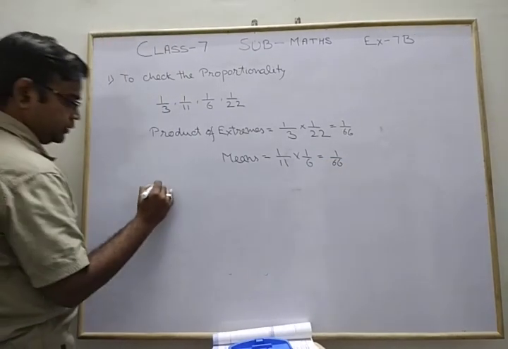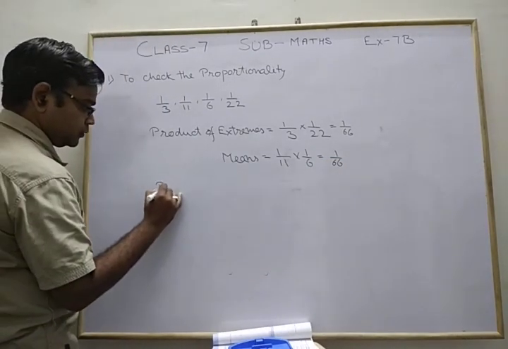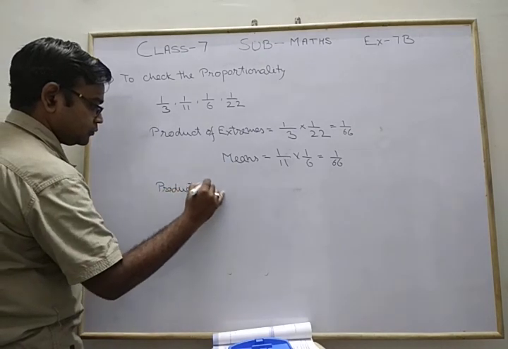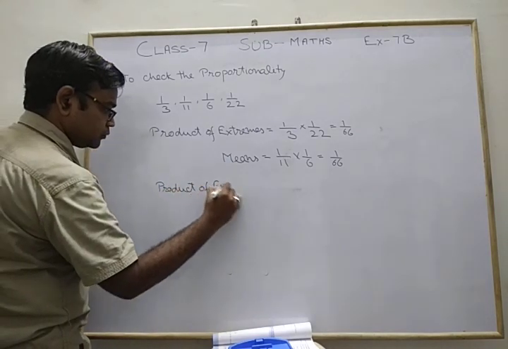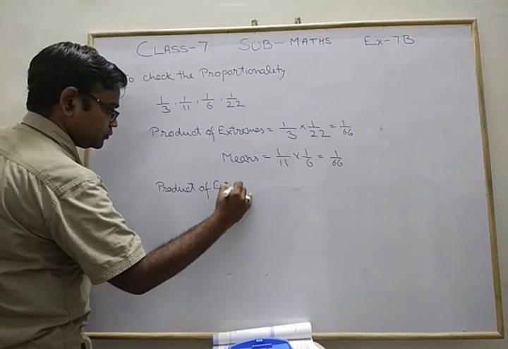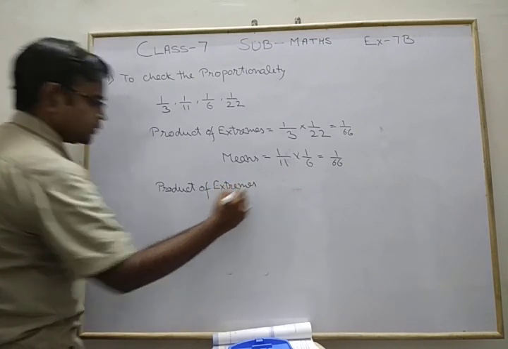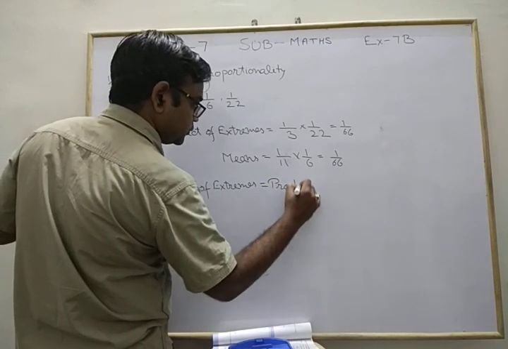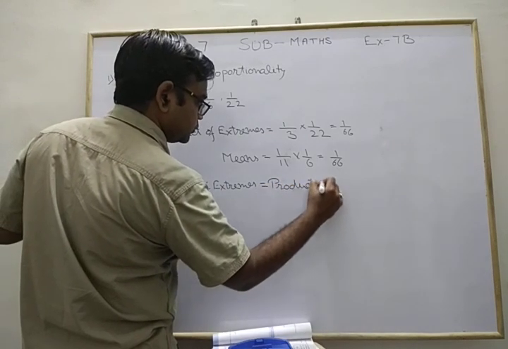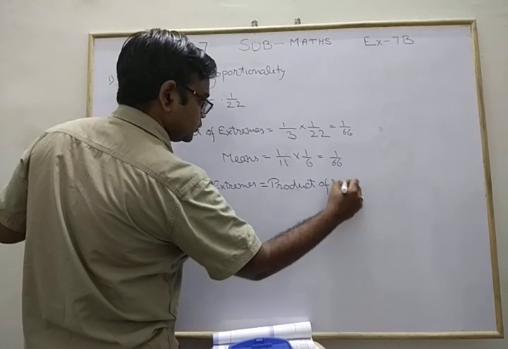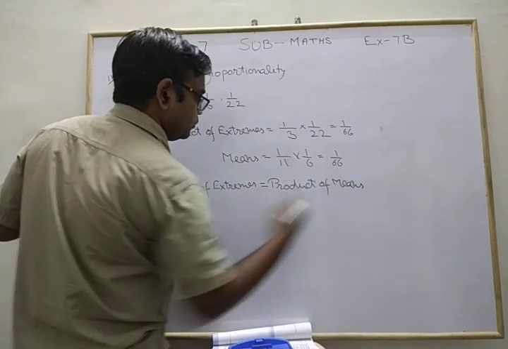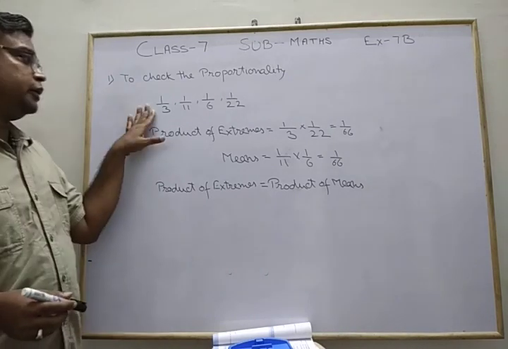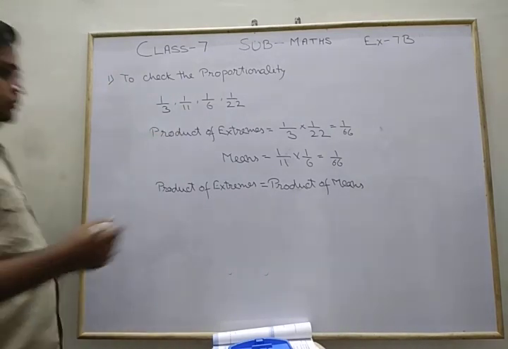So we can say the product of extremes is equal to the product of means. So the given numbers are in proportion.